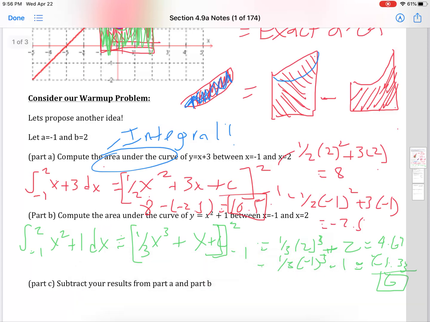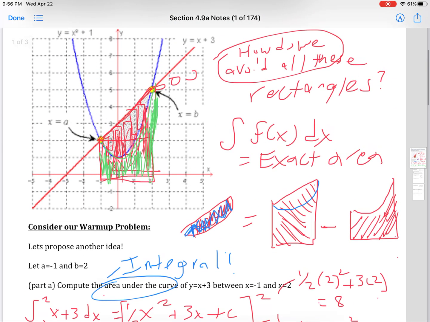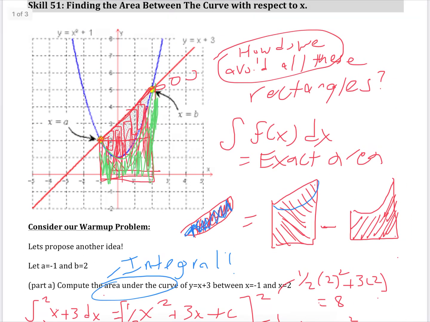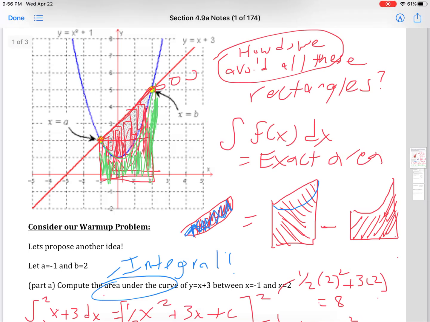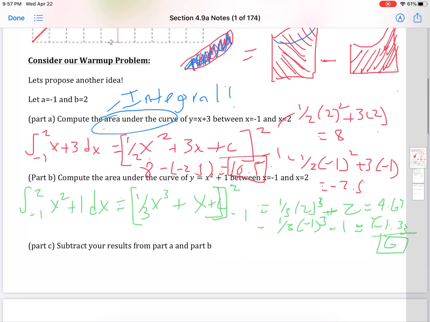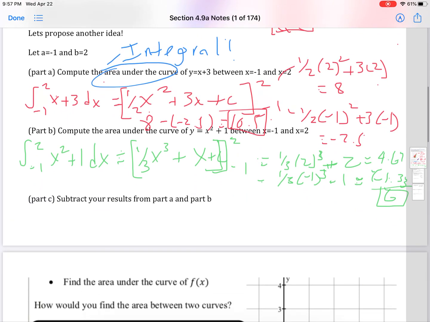If we look at our graph, in the green area we have 3 squares accounted for, and then the stuff above is probably about 3 more squares, when we look at those half-square pieces. So we get about a total of 6.